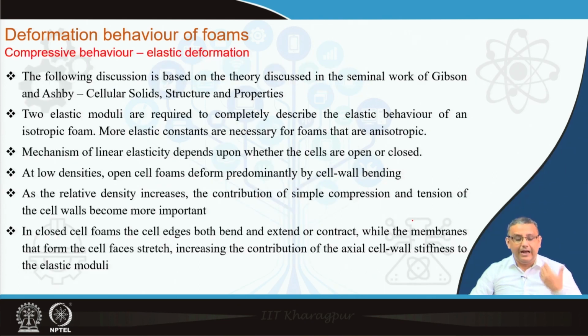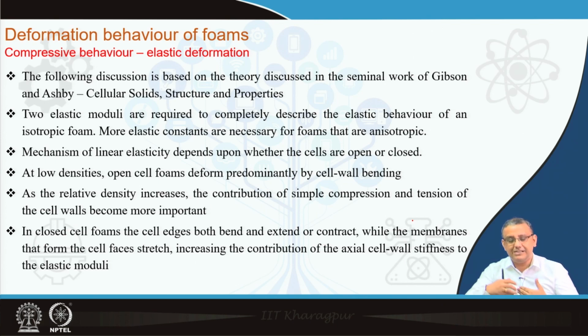So basically, as you can see, for open cell foams the deformation is much more simplified, because in this case we have only the buckling and bending of the cell edges. But if it is a closed cell foam, then we know that the closed cell foam has both cell edges and cell faces, and when we compress, it is not only the bending of the cell edges, it is also the stretching of the cell faces.